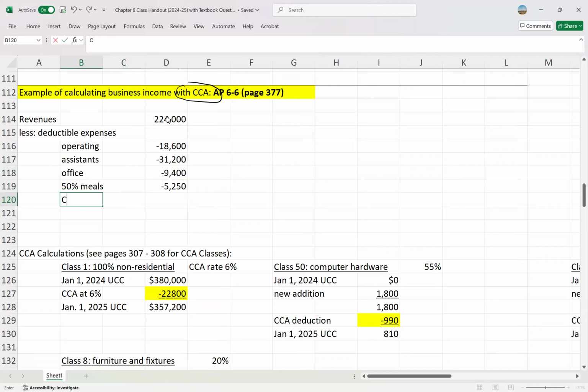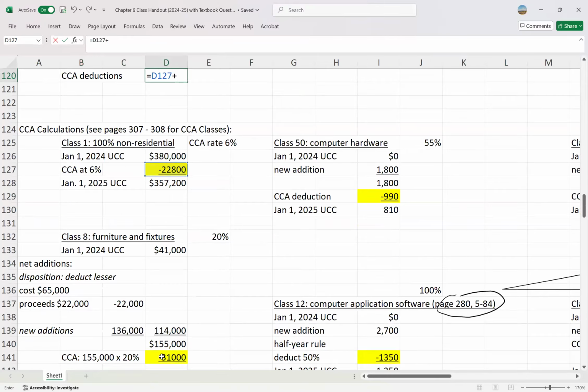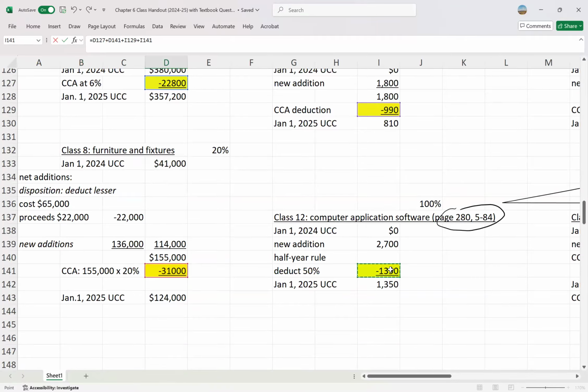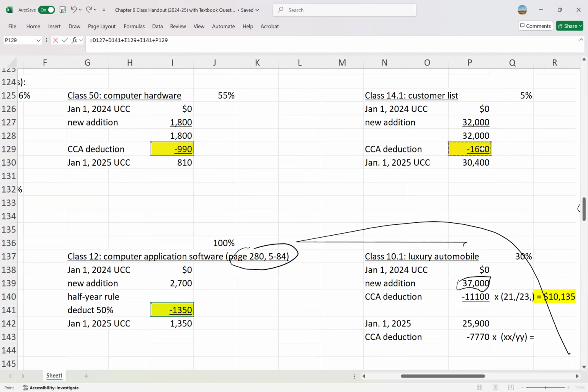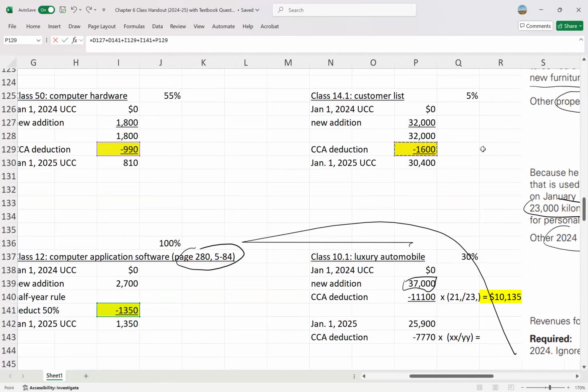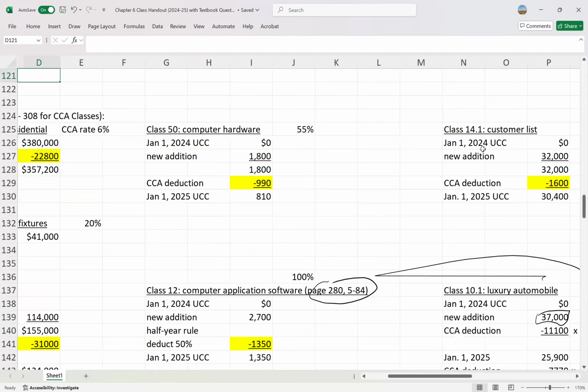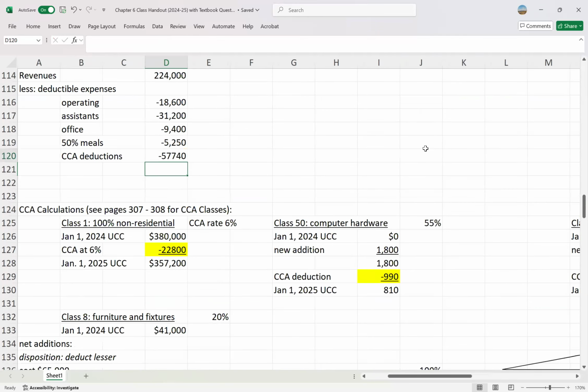Now, the total CCA deductions, that's basically going to be all the amounts in the yellow. So let's add all the amounts in the yellow. Now, the class 10.1, the 10,135, I'm going to have to add that separately because it is not in its own cell.